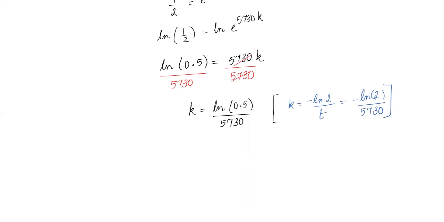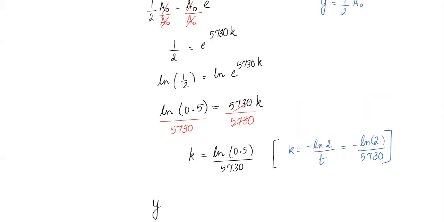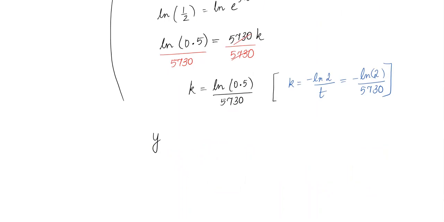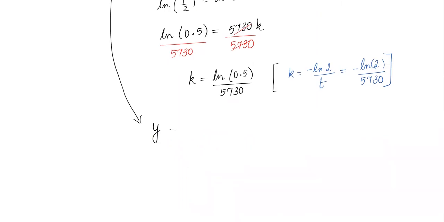So we got this. All right, now come back to the format. Okay, so I'm going to bring that here. Y equals a naught e power kt. So that's what they wanted us to write with the k. Right? So the y can be written now as f of t because they wanted it to be written as a function of time.